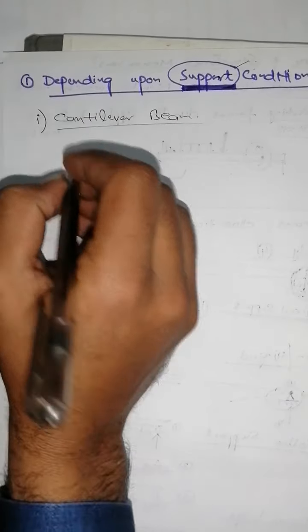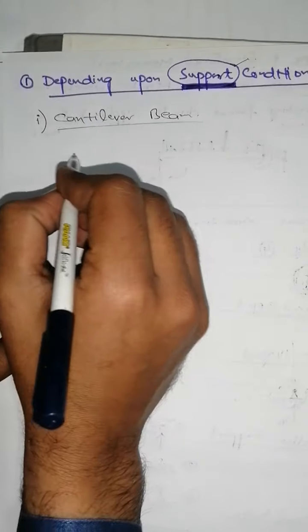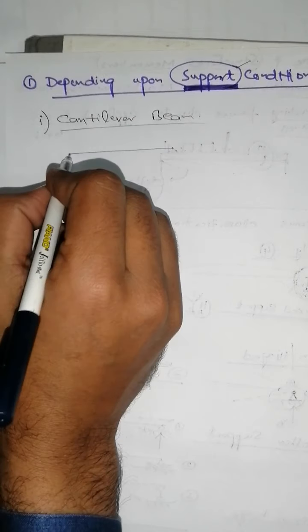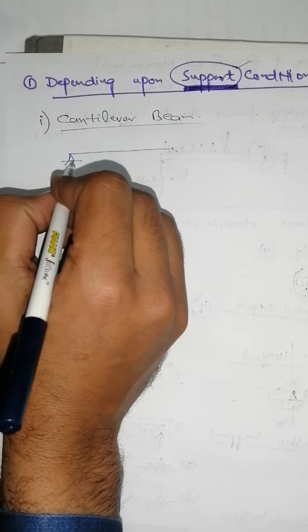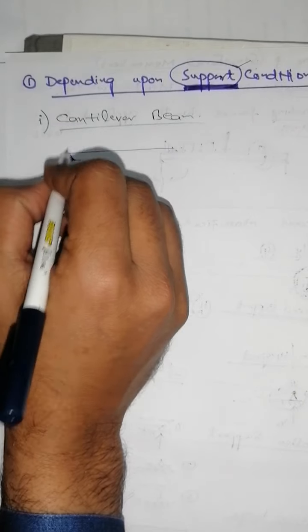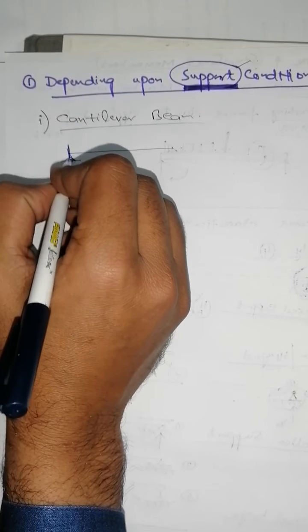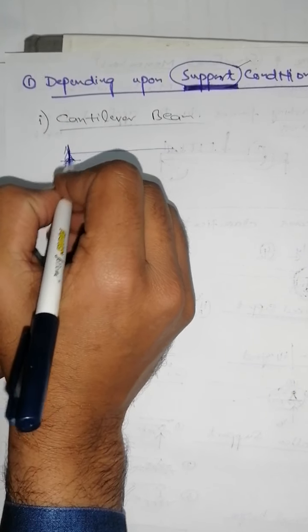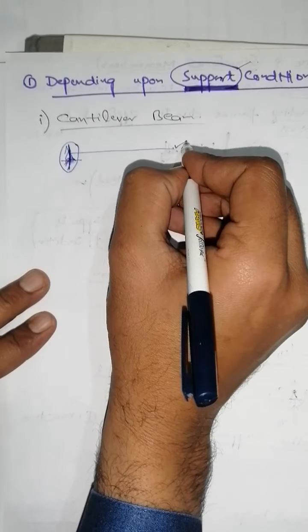By drawing the figure we can understand the cantilever beam. A beam which has fixed support at its one end and the other end is free.